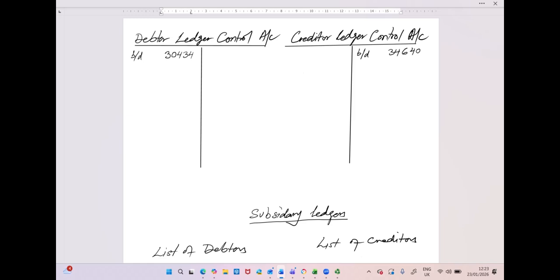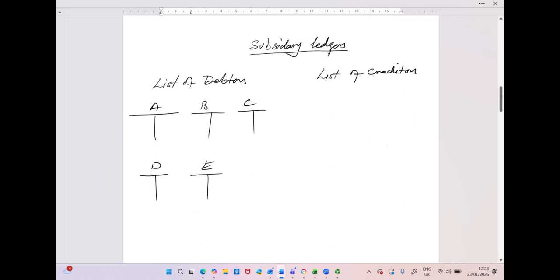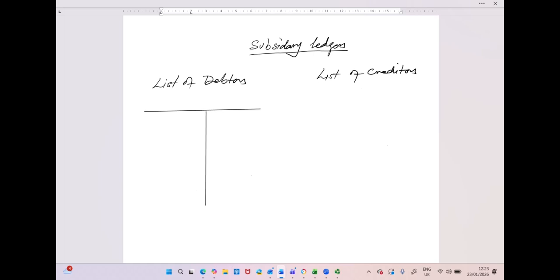And then the individual balances. Now you can see that in my previous video I showed you that individual balances will appear as a list of balances. So rather than having 5 different suppliers, what I can do is merge them all in one T account and call it debtor's ledger.